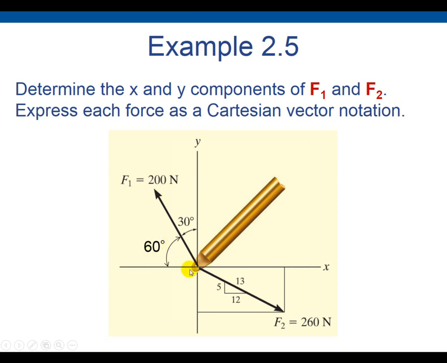So cosine 60 degree is along with the negative x direction, and 200 times cosine 30 degree is along the positive y direction. How about F2? F2 is 260 Newton, positive x direction and negative y direction, and there is no angle, but we can use this length information to calculate the directions.